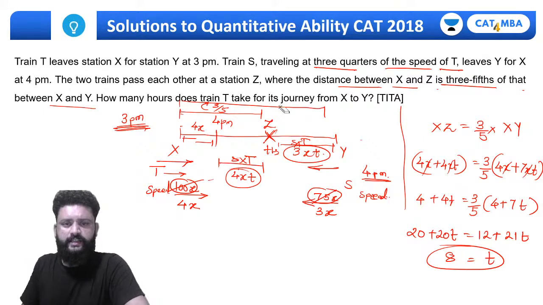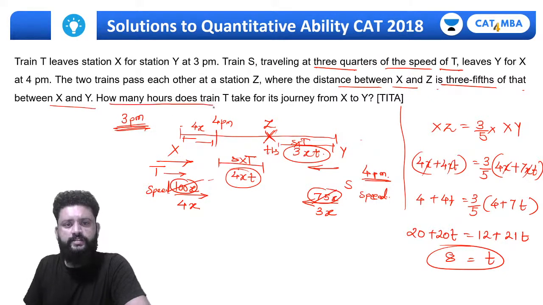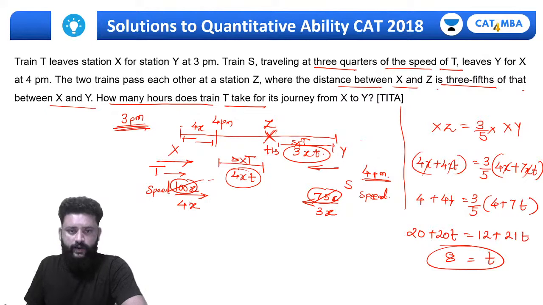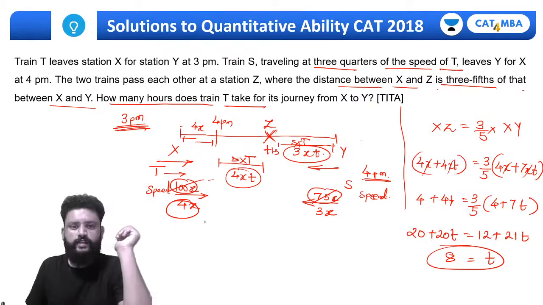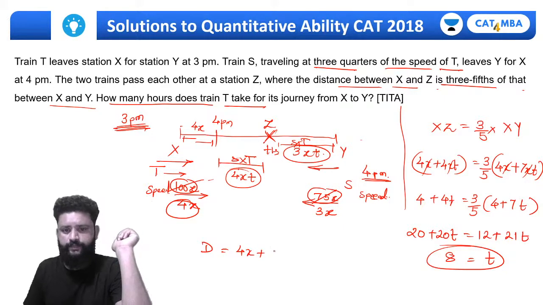Now the question here is how many hours does train T take? T को 4x स्पीड से टोटल डिस्टेंस ट्रैवल करना है. Now we know the total distance is 4x plus 7xt.